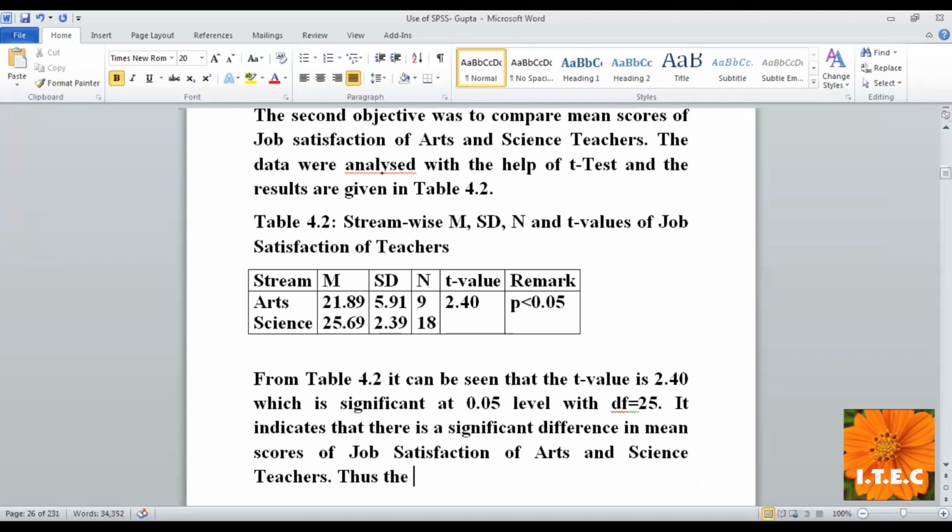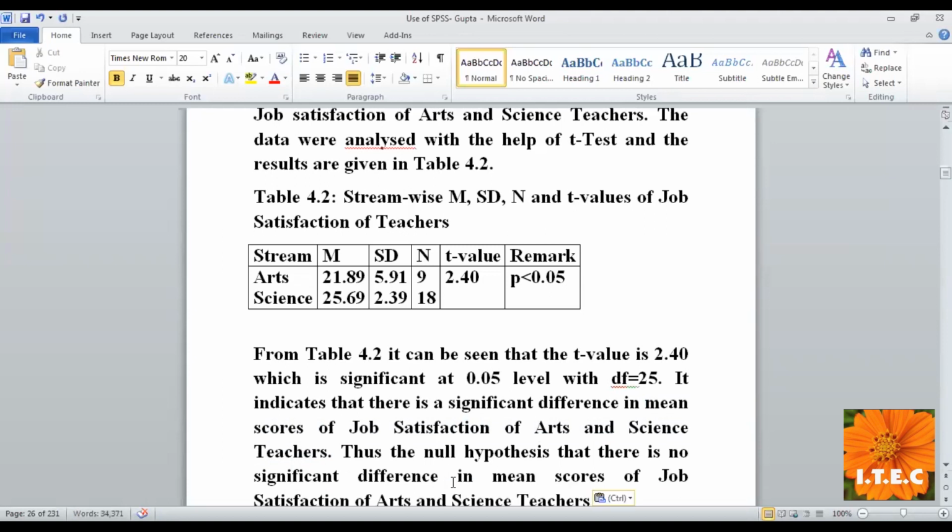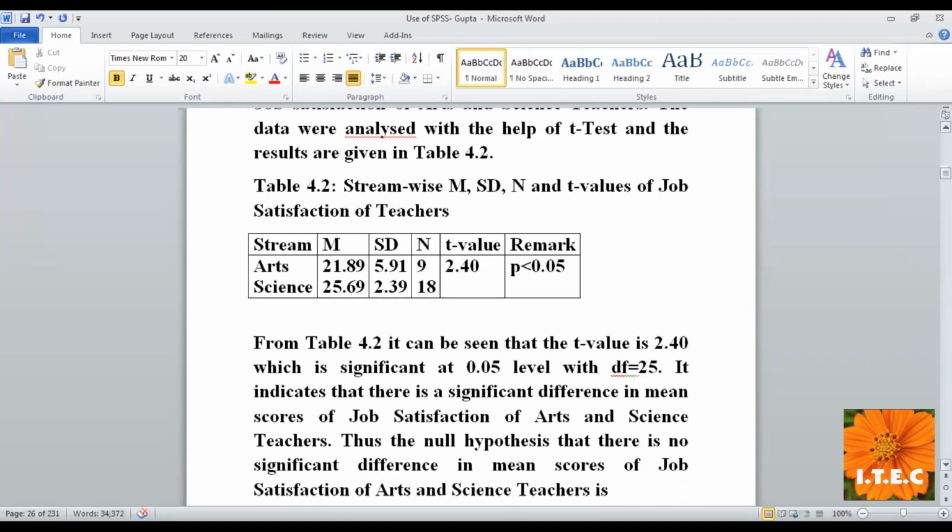Thus, the null hypothesis that there is no significant difference in mean scores of job satisfaction of arts and science teachers is, what should I write? Is rejected or is not rejected?